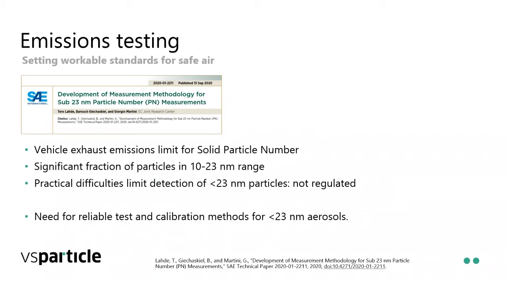And there are indications that those smaller particles are actually very harmful, for example, in terms of brain diseases and heart disease. So this is something that is worth looking into, but there's still a practical issue: it's difficult to detect these small particles, and because we don't have good detectors, we cannot really regulate it down to these small sizes. So there's a lot of work going on that side.